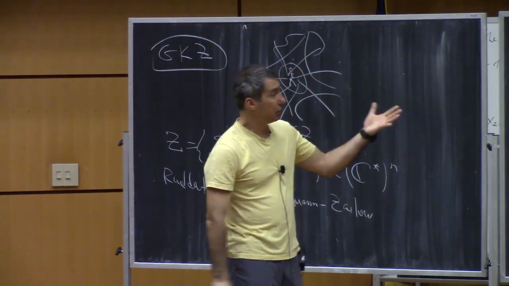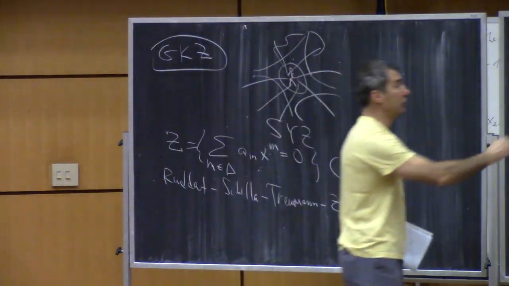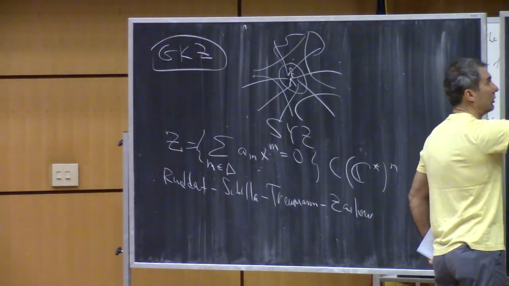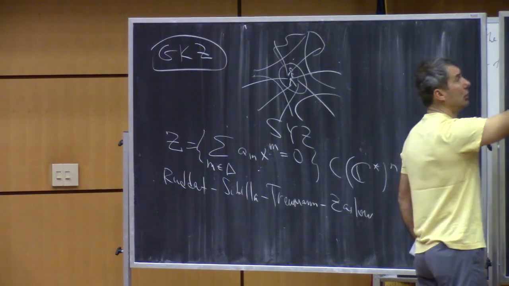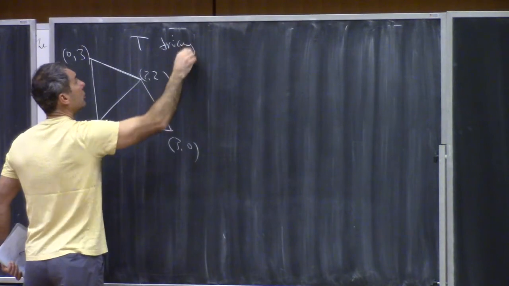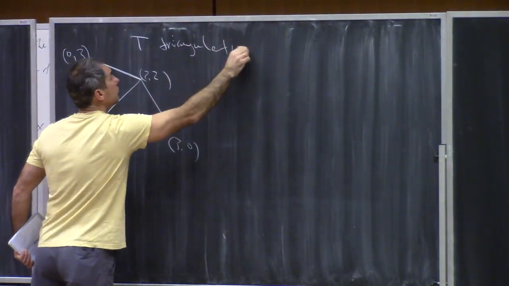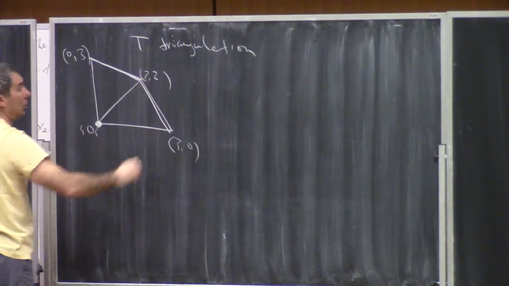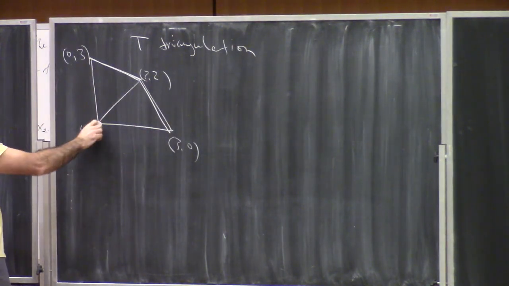Looking at this Newton polytope, you pick this as your origin. It's triangulated, so there's a triangulation. You look at the simplices which are on the boundary of this triangulation.